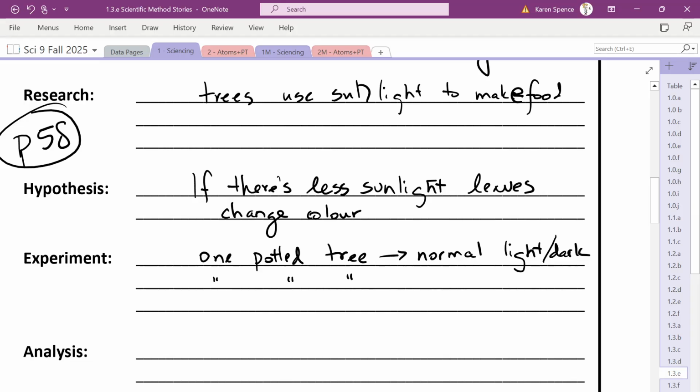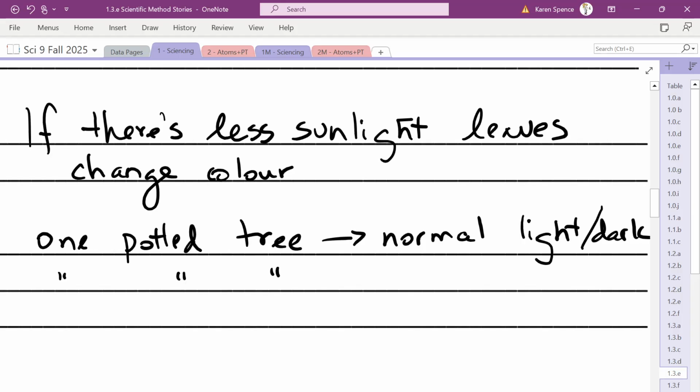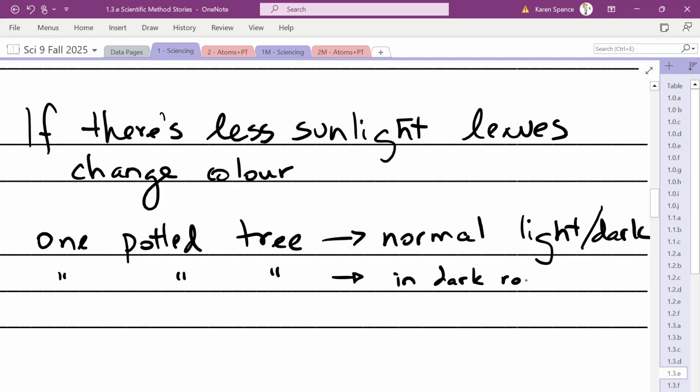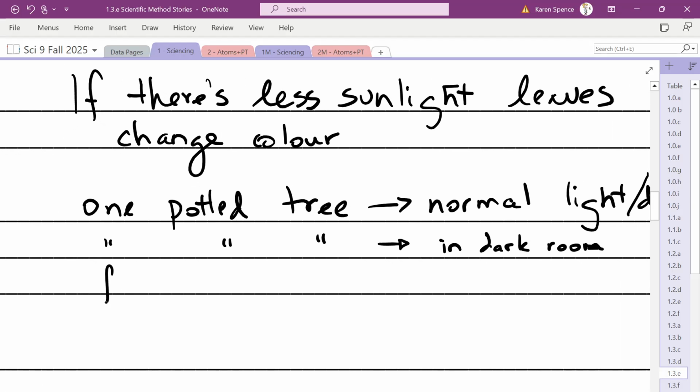Now, that's where I get lazy, because I don't want to write one potted tree again, so I just put little ditto marks. Those little marks mean ditto. So it just means, again, one potted tree in a dark room. And then for 1 week.